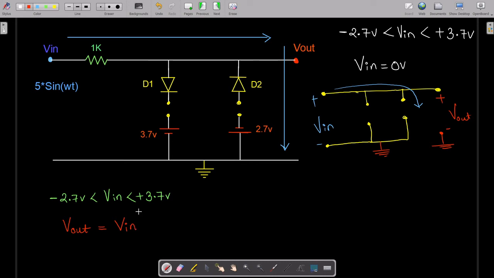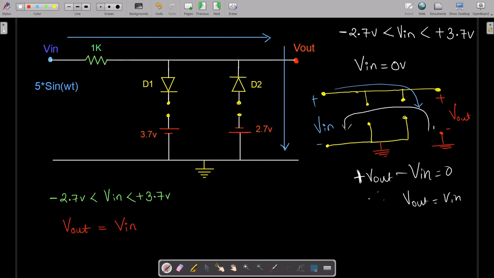Here also, it's up to you, you can apply KVL. Let's suppose you are applying KVL in this particular direction, so minus V out minus V in equals 0, therefore V out equals V in. Oh sorry, extremely sorry, it is plus, since we are applying KVL in this particular direction.